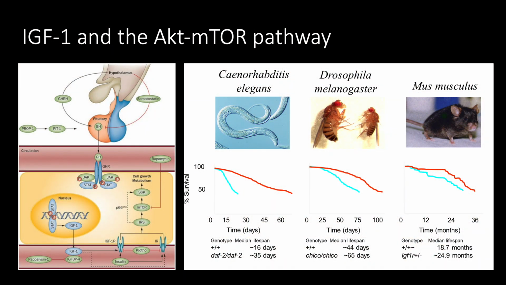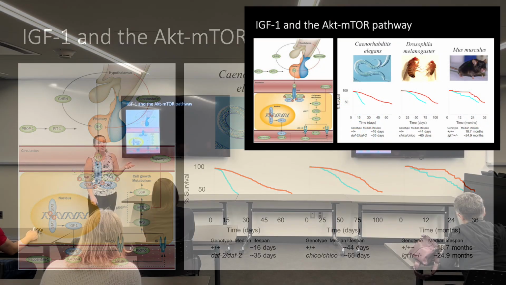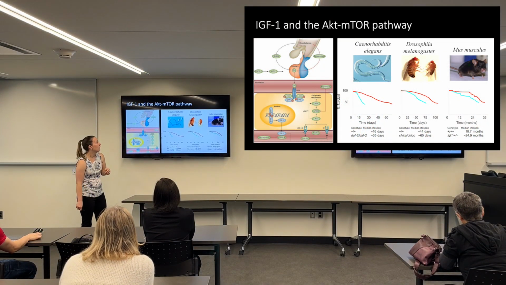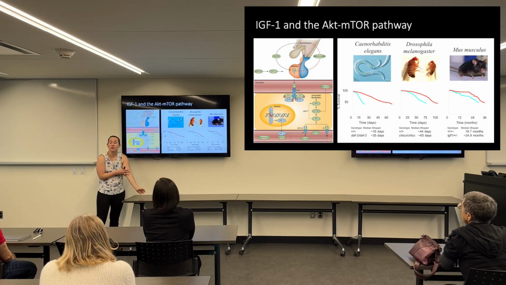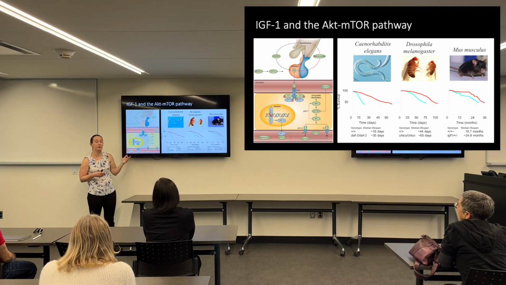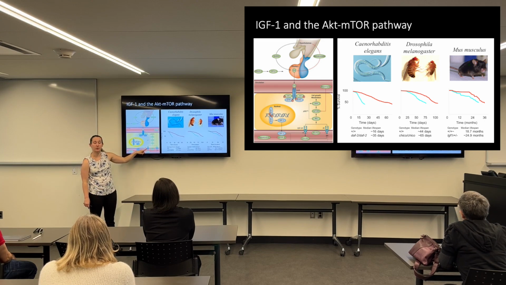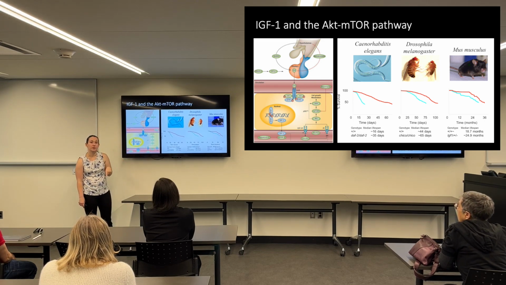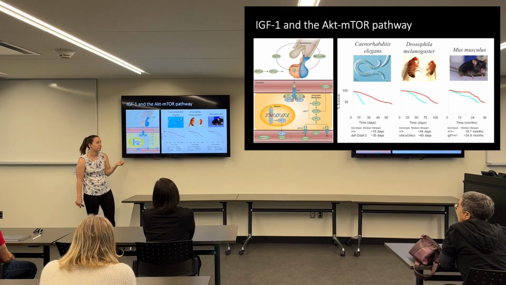This is a molecule that circulates in your system and is going to eventually bind to a receptor called the IGF-1 receptor and tell that cell whether to grow or not. It activates a very important pathway called the mTOR pathway to do this. And what studies have shown in different model organisms is if you knock out, basically genetically remove, the IGF-1 receptor, you're going to increase lifespan.